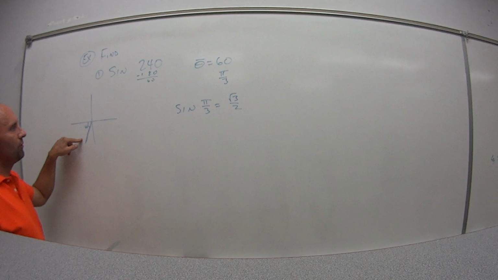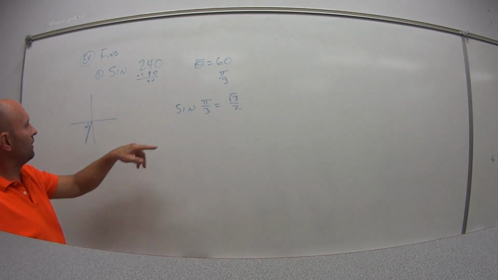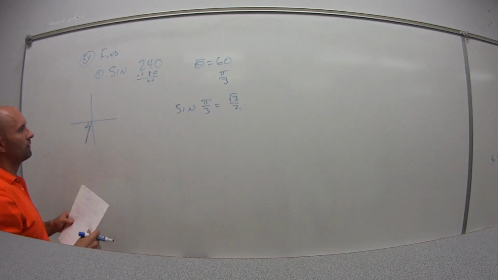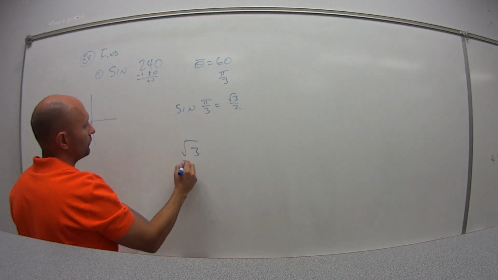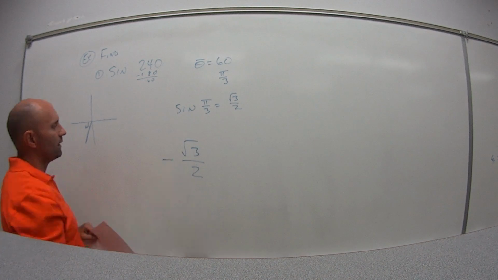So in quadrant 3, the positive or negative value for sine is what? Well, it's negative. They're both. Cosine is negative, sine is negative. So sine of 240 is still going to be square root of 3 over 2, but because we're in quadrant 3, this gets a negative value.